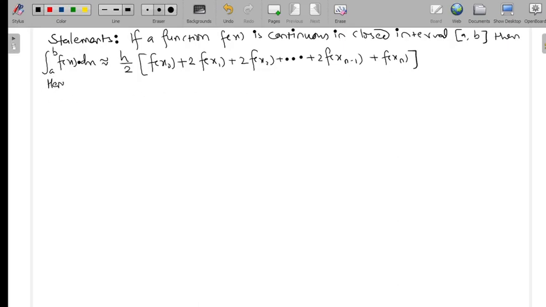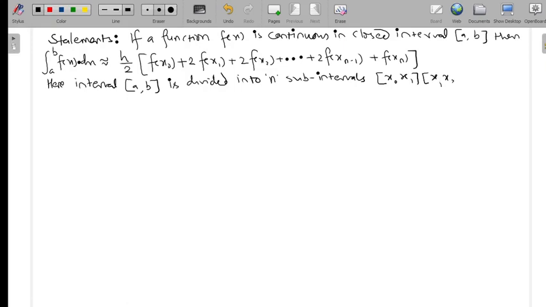Here the closed interval [a, b] is divided into n sub intervals, like x0 x1 is one interval, x1 x2 is another interval, x2 x3 another interval, and finally x(n minus 1) xn is another interval.